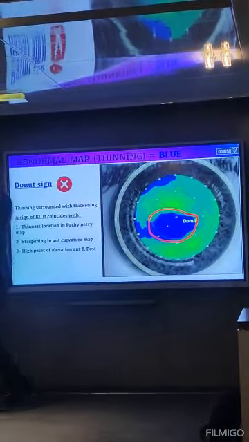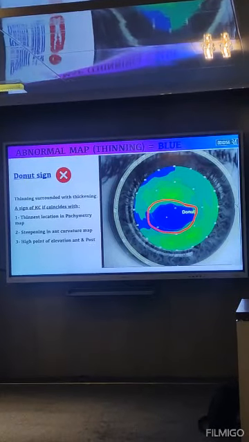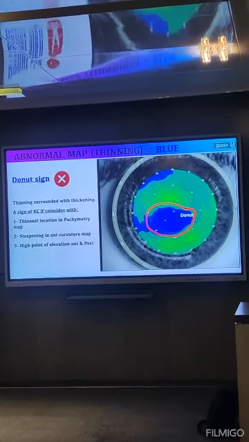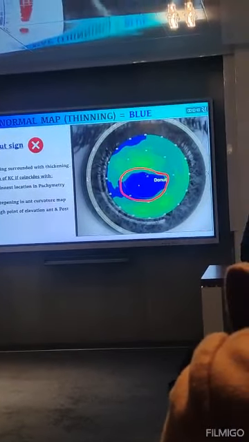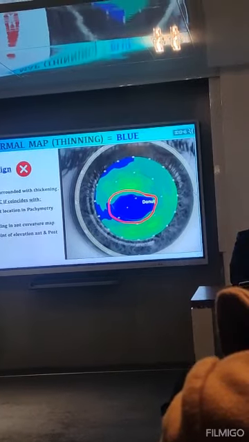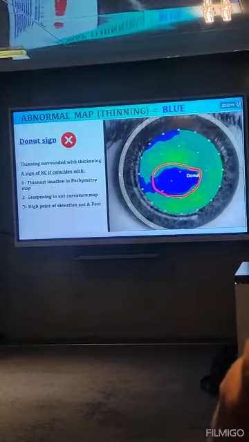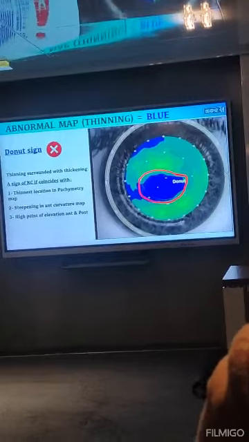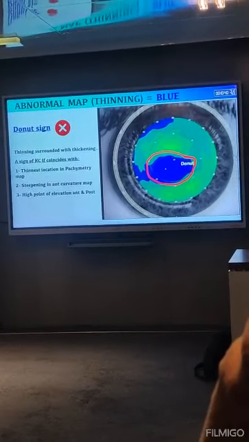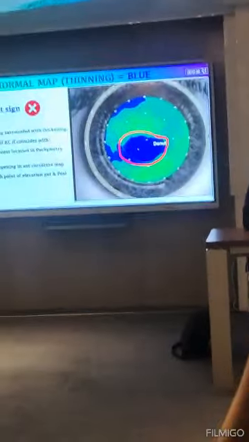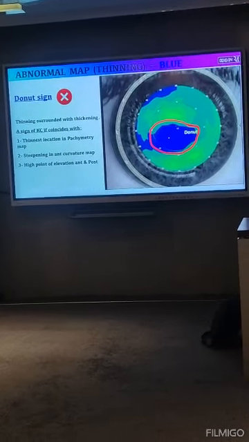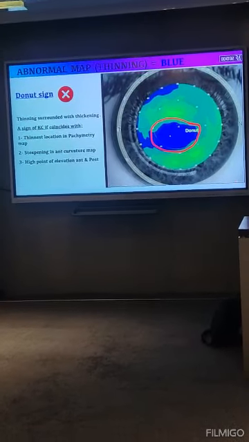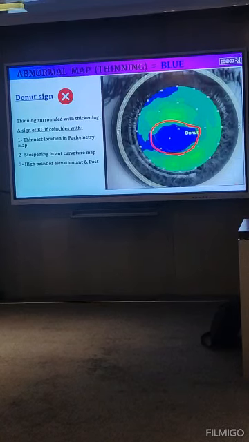And not just thinning with homogeneous epithelium around, but the characteristic sign should be thinning surrounded by a border of thickening. So the thinning surrounded by thickening is a sign of keratoconus if it coincides with the thinnest location in the pachymetry map, or the steepening anterior curvature map, and finally the high points of the elevation, either anterior or posterior, but most important is the posterior elevation points.